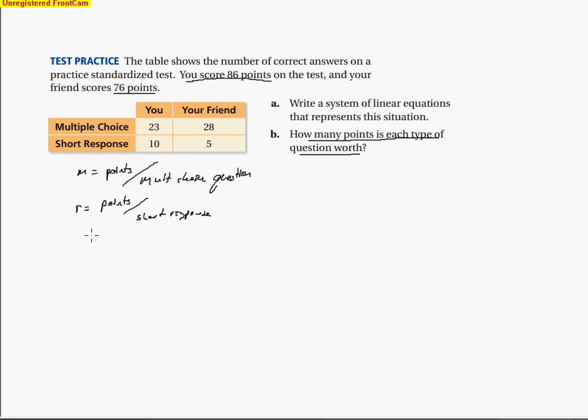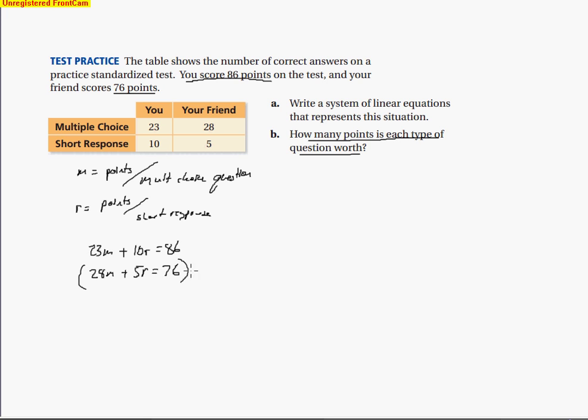So we're going to write this as 23m plus, and then your response for that was 10, so 10r, and this all equals, you scored 86 points is what it showed. And then on the other one, we had 28m, that's what your friend had, plus 5r equals 76. So we're ready to go ahead and solve.